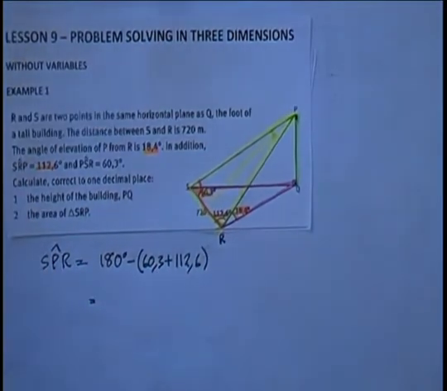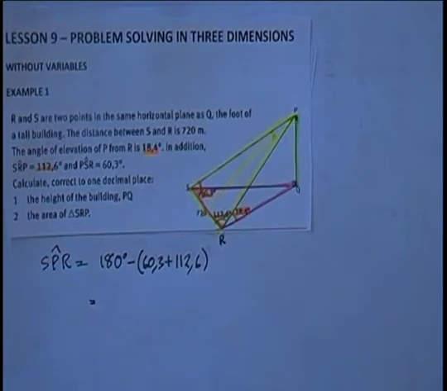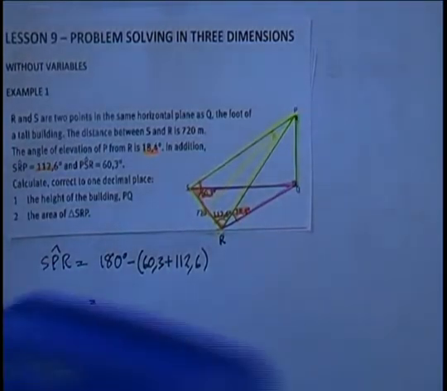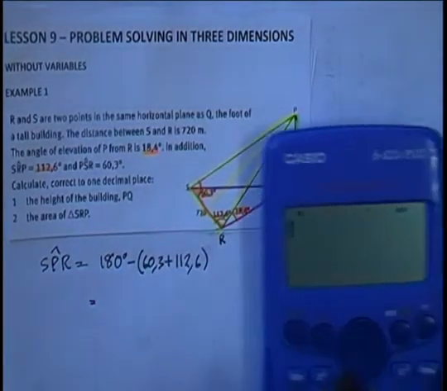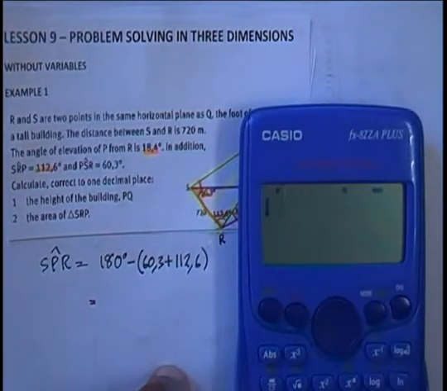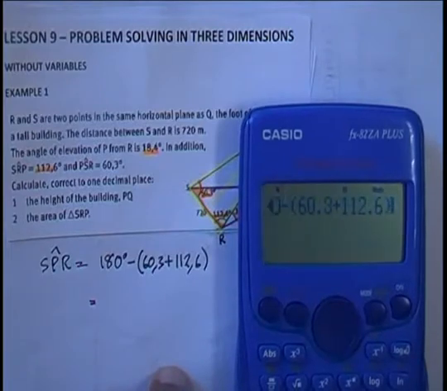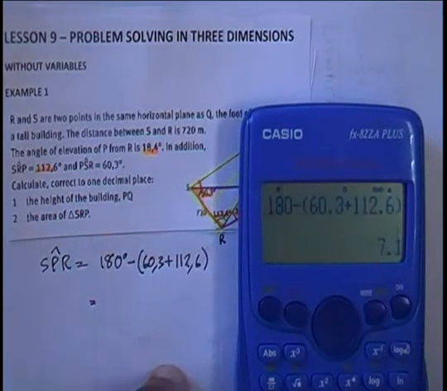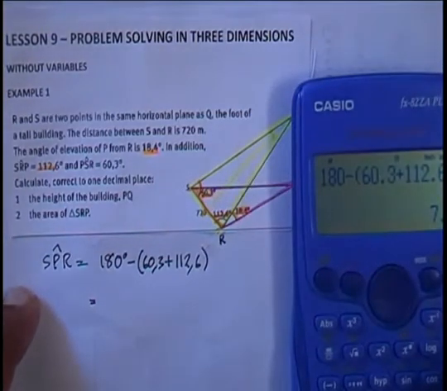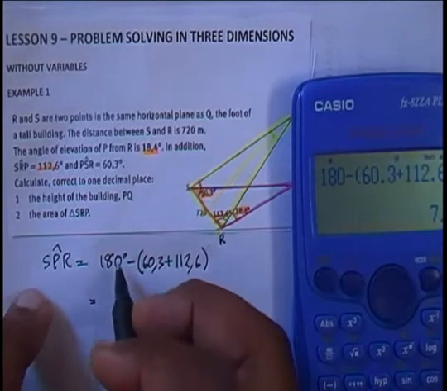Okay, and if we just do that in the calculator, so 180 minus 60.3 plus 112.6, close the bracket. Okay, compute that, and that becomes 7.1 degrees.